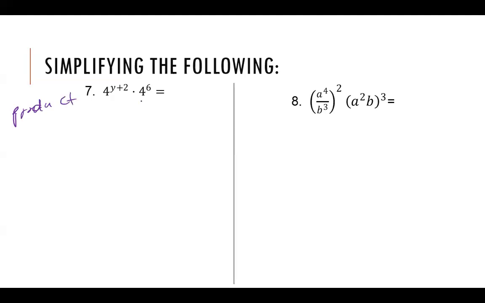And that one base is going to be 4. And what am I doing with the powers? Adding them. So I have y plus 2 plus 6. And what does that simplify down to? We'll keep going with it.